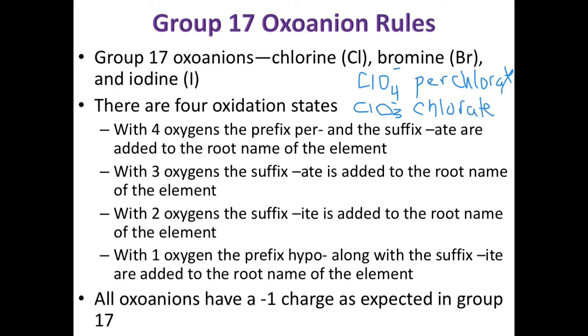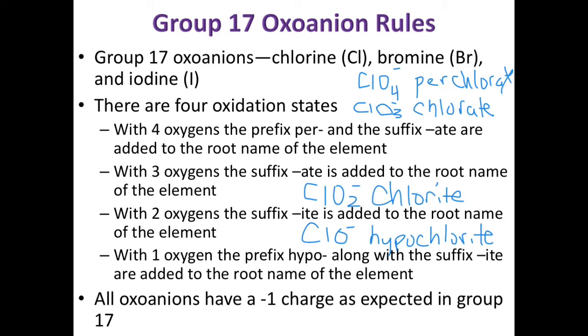When we get down to 2 oxygens, the suffix is changed to ITE. So ClO2 with the negative charge is chlorite. And then finally, when we get down to one oxygen with the chlorine, we have to put the prefix hypo in front, and this is hypochlorite.